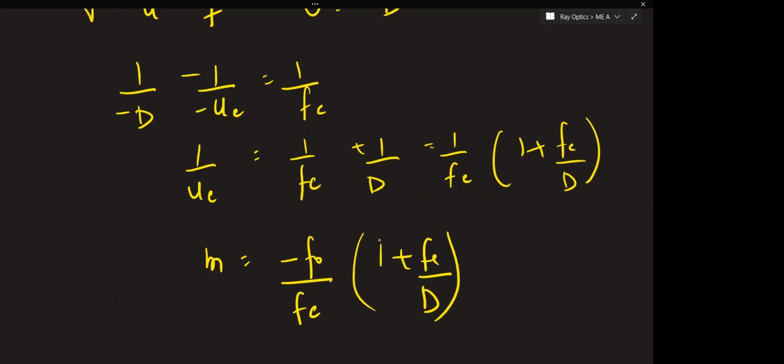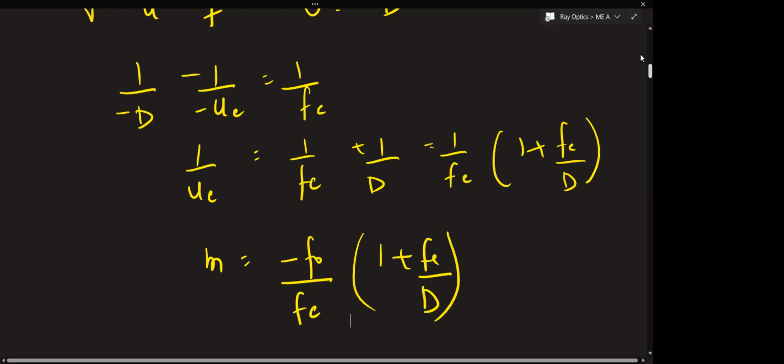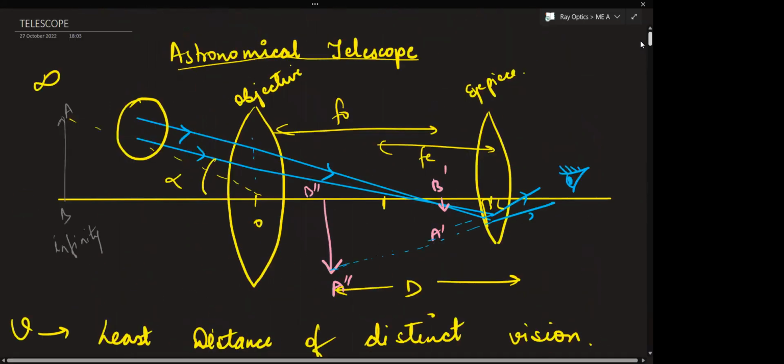Again, do not use sign convention here. I'm just correcting the ray diagram because this is totally going above it. Otherwise you will also draw it like this. Okay, start noting.